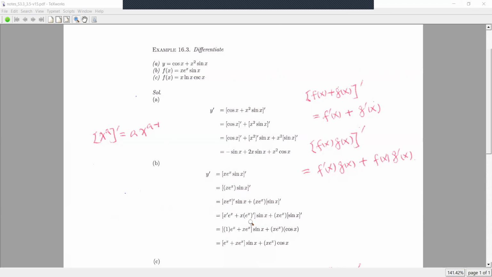Derivative of e to the x is e to the x. Derivative of sine is cosine. Simplify this result a little bit, then this is the derivative of the function in part B.